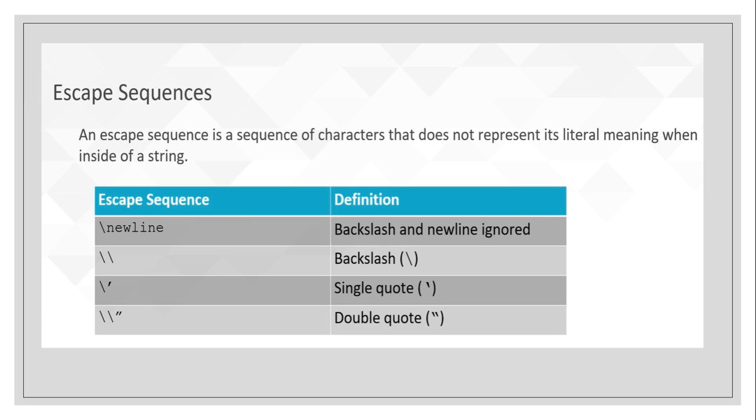And when you have to print single quotes and double quotes, you have to remember that Python understands whatever you put within single quotes or double quotes as a string. But when you have to print them, you have to tell Python to ignore those so that you can get it to print the single quote and double quotes.